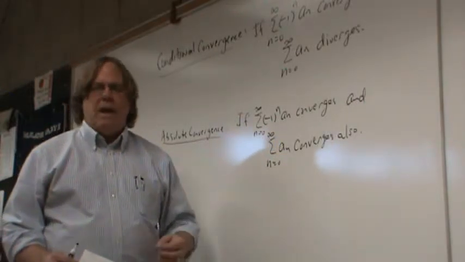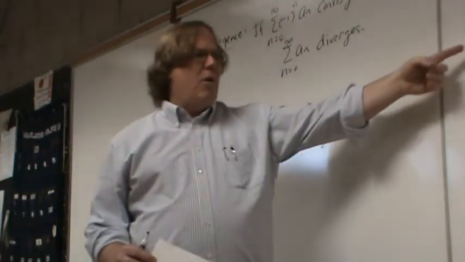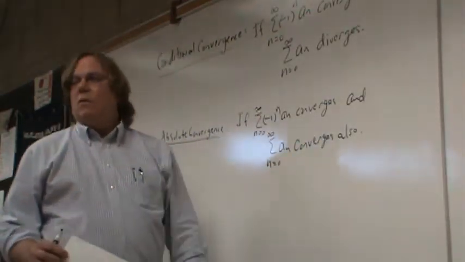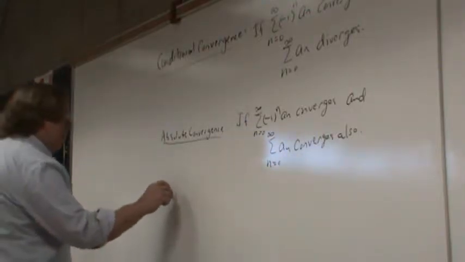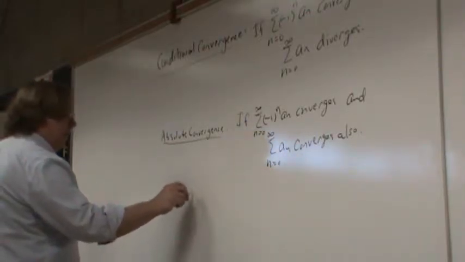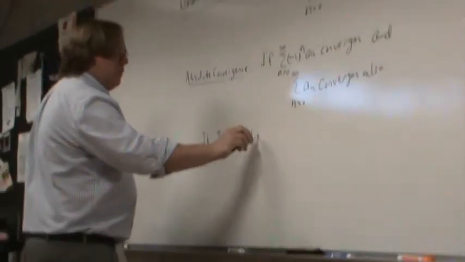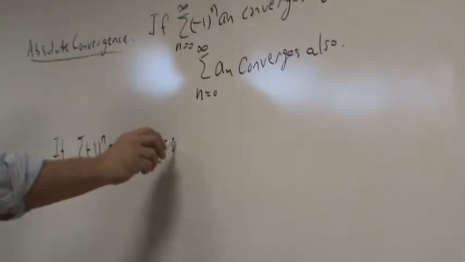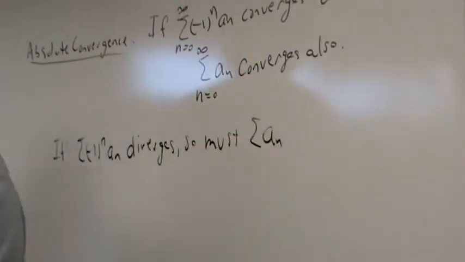And also because of the nth term test for divergence. If your alternating series diverges, there's no way your positive series is going to converge. So if the alternating series diverges, so must the positive cousin.